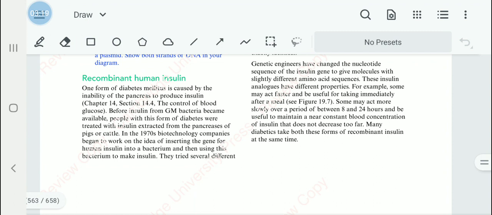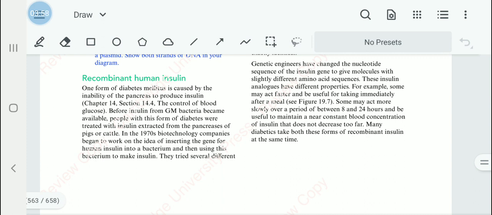Now there have been other advancements in the simple process as well. Genetic engineers have made some changes to the nucleotide sequence of the insulin gene to give molecules with a slightly different amino acid sequence, so they have different properties. Some will act really fast, some will act over a prolonged period of time. Most common insulin should be taken right before a person eats. It would be in effect for about 2 to 4 hours, and it will control the blood glucose level during that time.